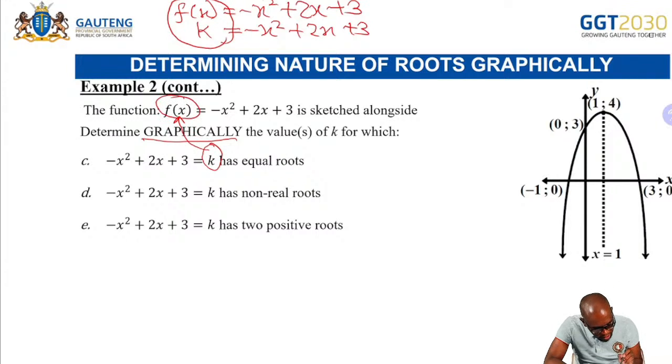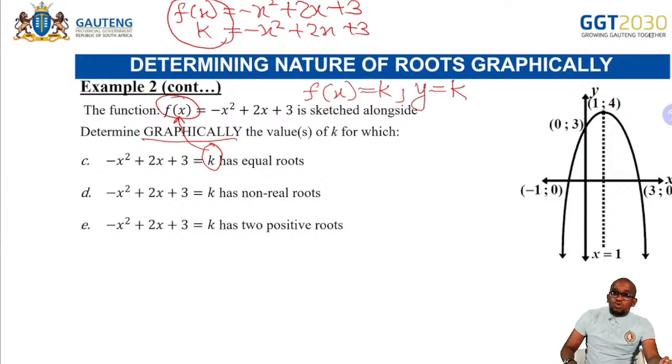K, which means that you are having a line f of x equals k. You are moving a line y equals k. So you want to move this horizontal line, y equals k, such that you have equal roots.